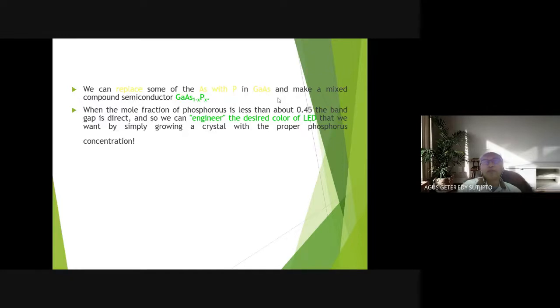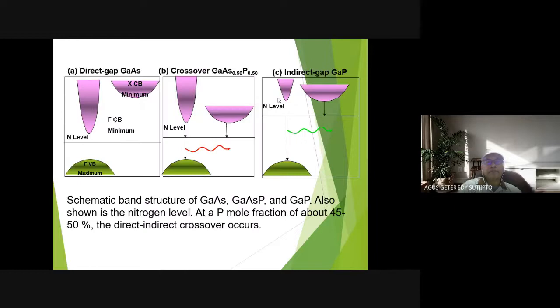We engineer means that we can change the property of the semiconductor to emit different wavelengths of light, or different light. So this is the illustration of the direct band gap for gallium arsenide, and then the crossover.